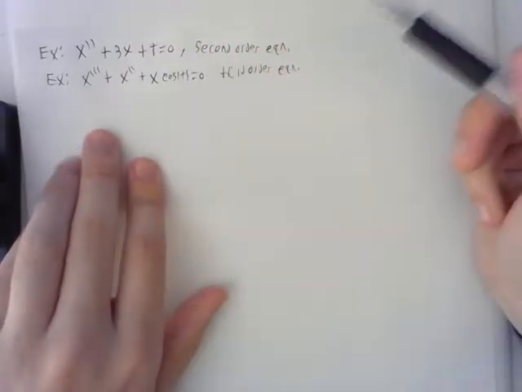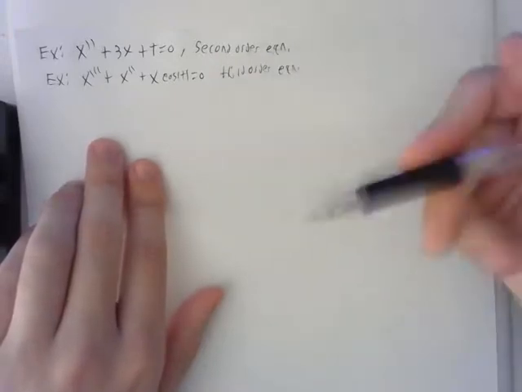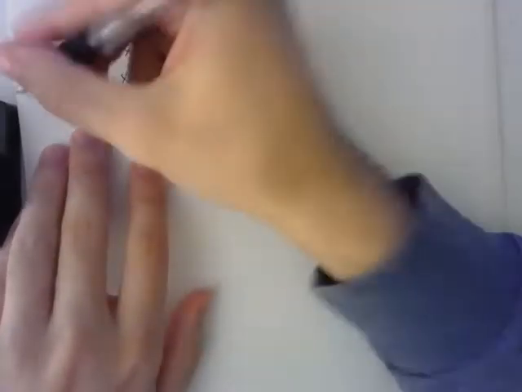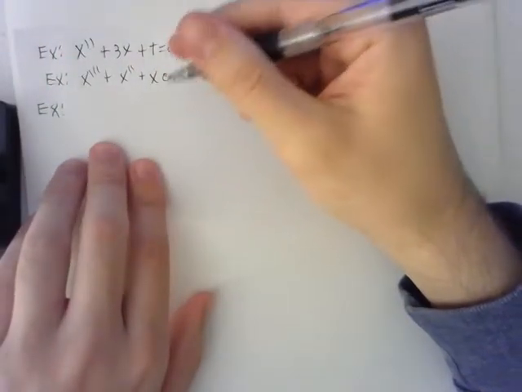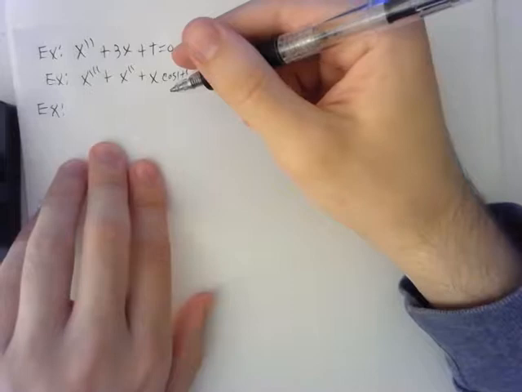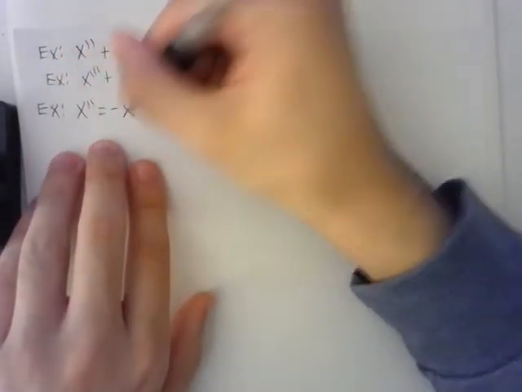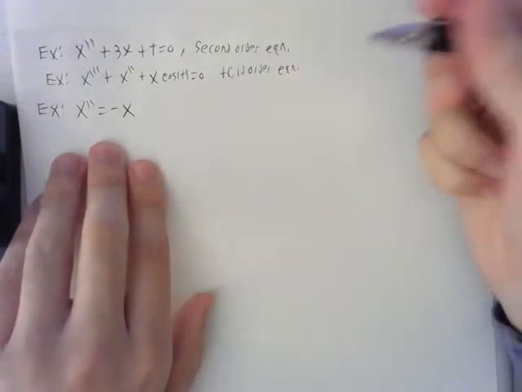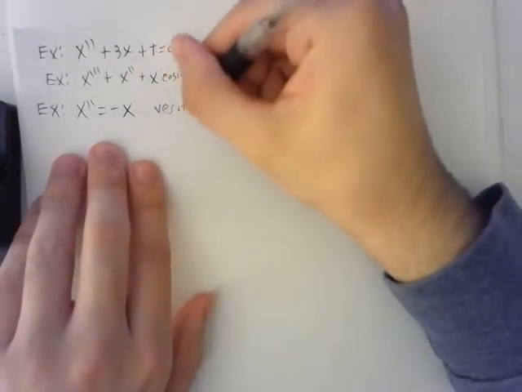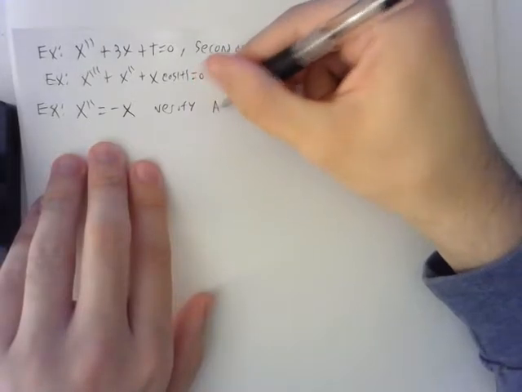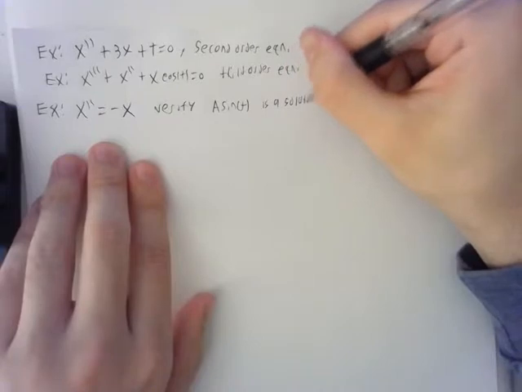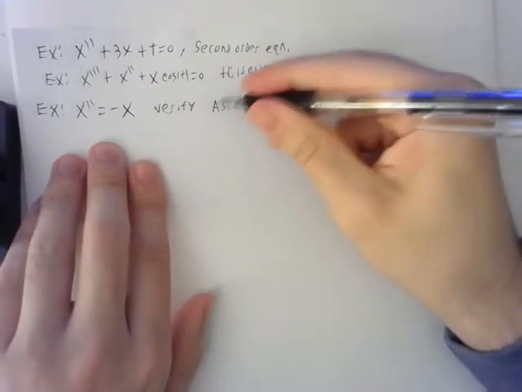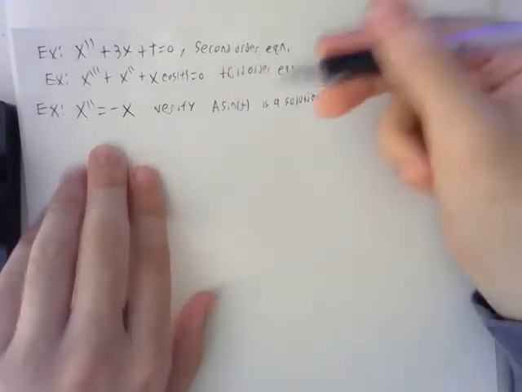And so we're not going to go over really how to solve higher order equations in this class, but again, you should be able to verify if something is a solution or not. So for example, suppose that I give you something like x double prime equals negative x, and I want you to verify that a sine of t is a solution, where this a is some constant.